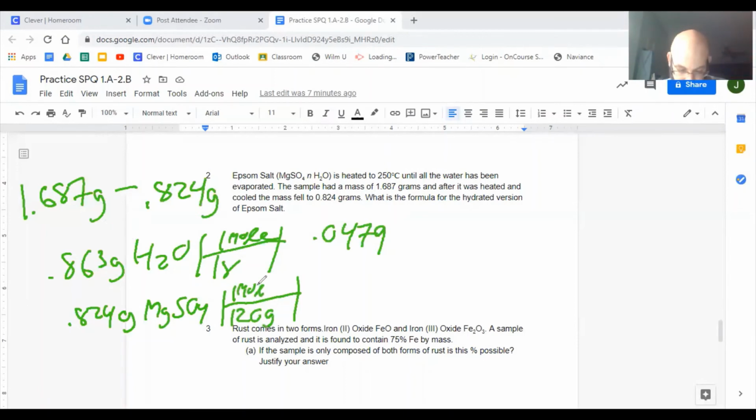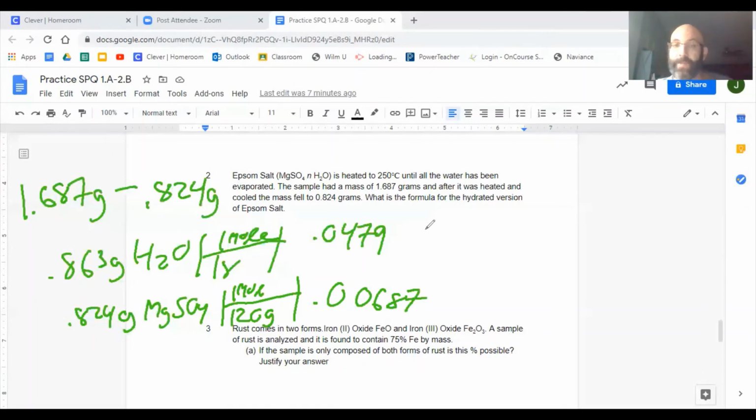So 0.824 divided by 120 is going to be very small, 0.00687.